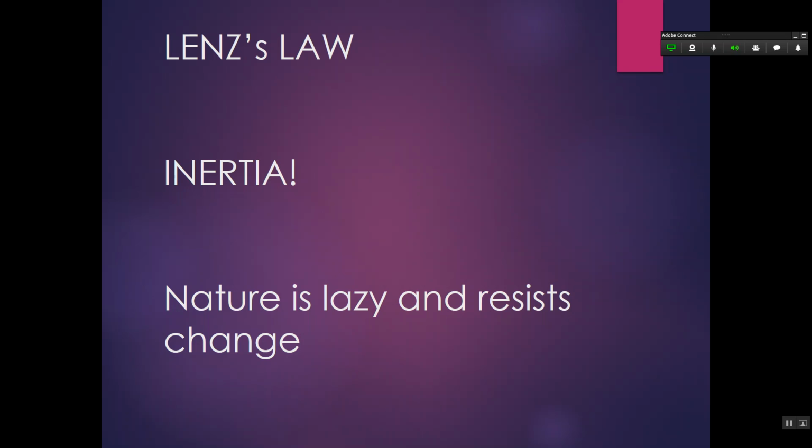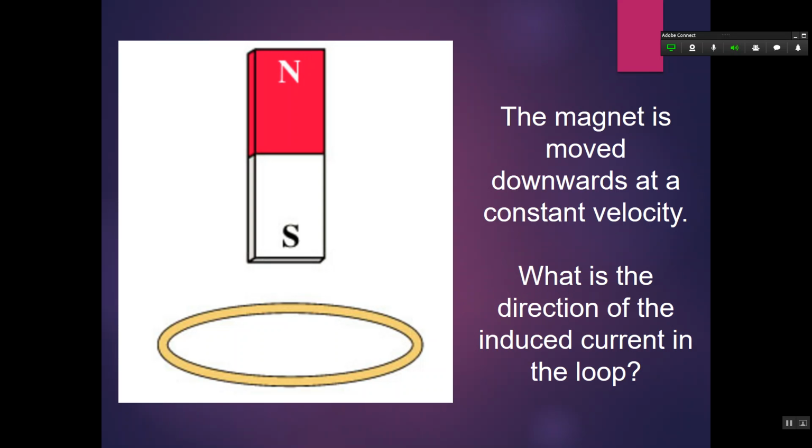So let's go to what's happening in this loop here. Okay, if I have a magnet and I'm moving it downward, first of all, this magnet has some permanent magnetic field lines, right?